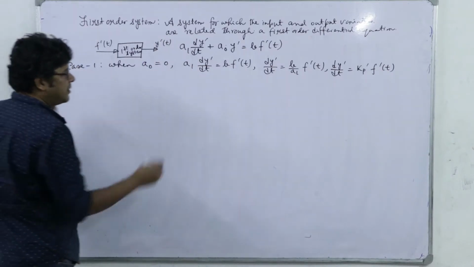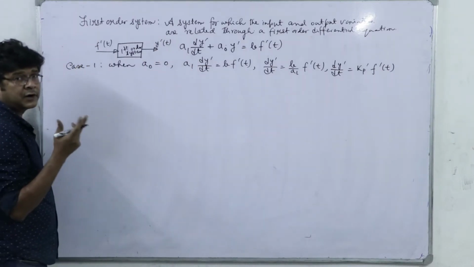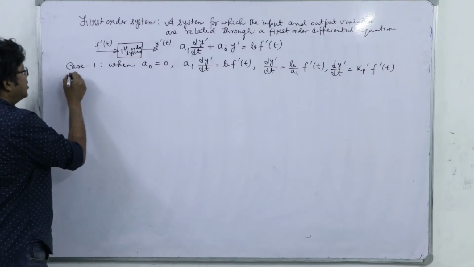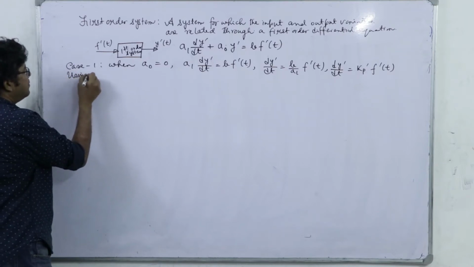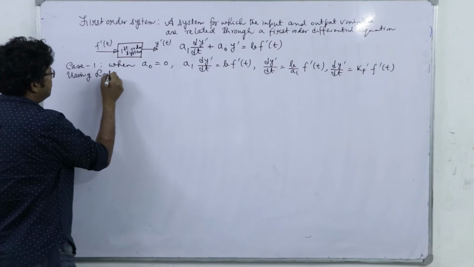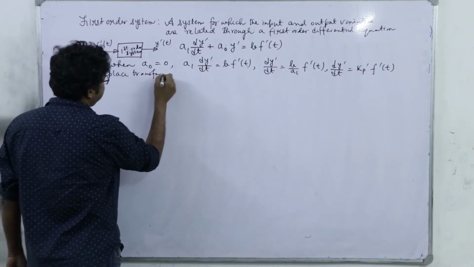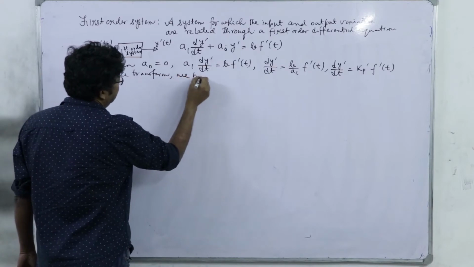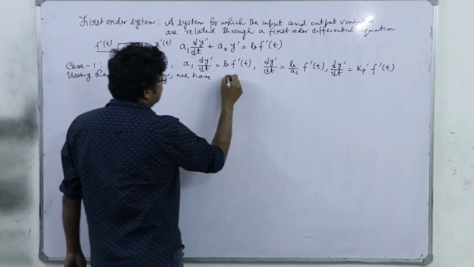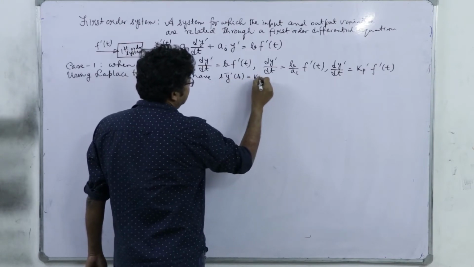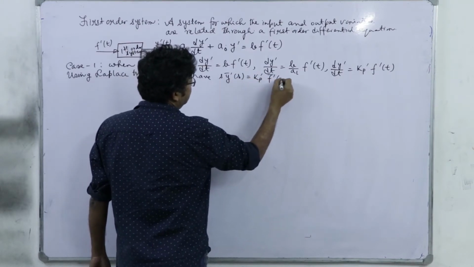So taking the Laplace transform, because we have to go for this input output model of this first order system. So using Laplace transform, we have s into y prime bar s equal to Kp prime into f prime bar s.